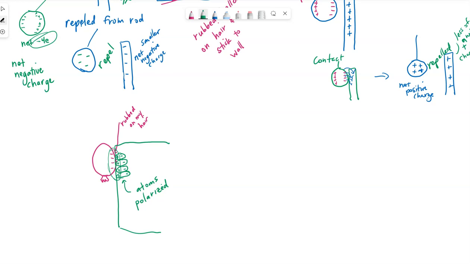Now, the balloon won't stay there forever, and that's because air is a fairly decent conductor, and the electrons will slowly move to the air and then ground.